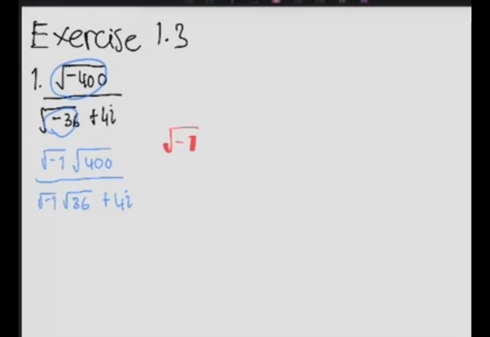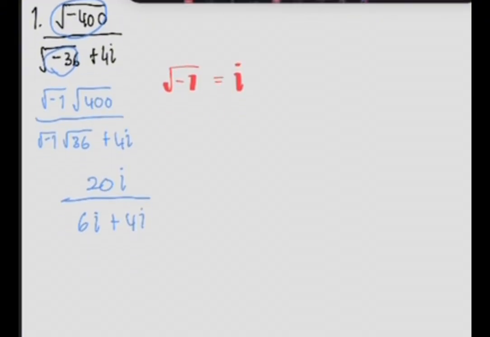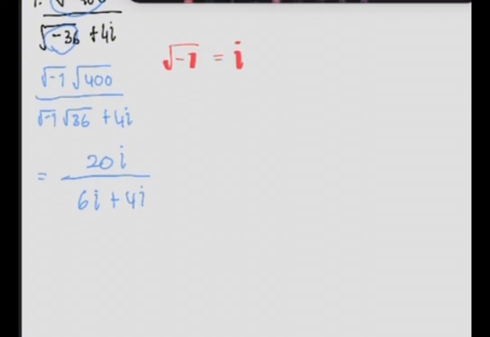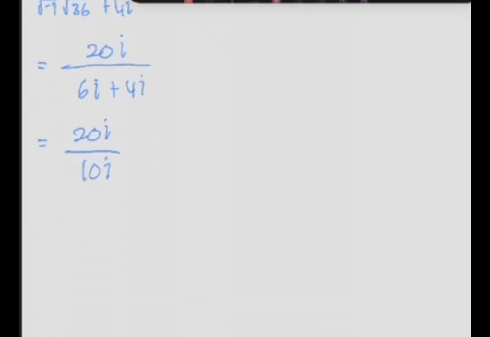We know that root -1 equals i. So root 400 is 20 and root -1 is i, so we have 20i. Then root 36 is 6, so 6i plus 4i. Then we calculate: 6i plus 4i is 10i, so 20i over 10i. So our final answer is 2.